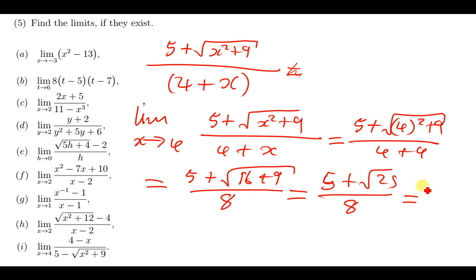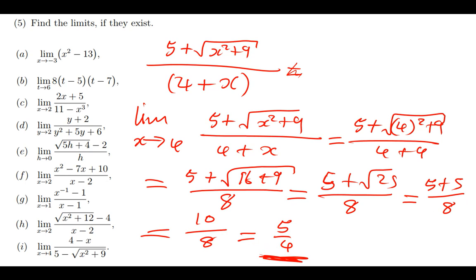The square root of 25 is simply 5. So this will give us 5 plus 5 over 8. When you simplify further, you get 10 over 8. Then the answer will be 5 over 4. So this is the answer.